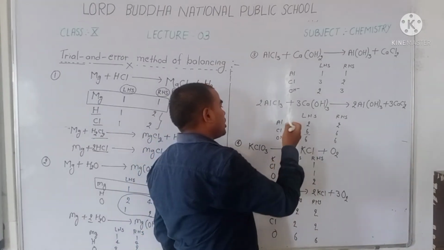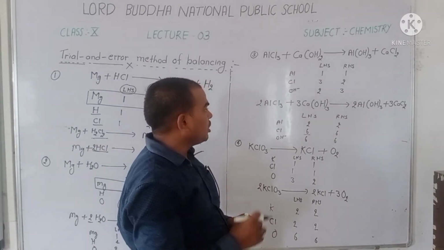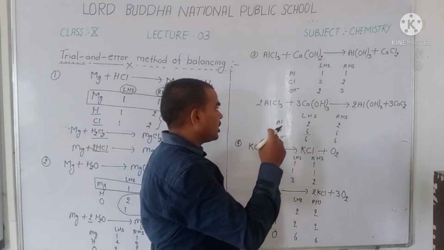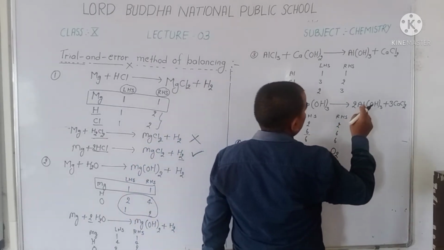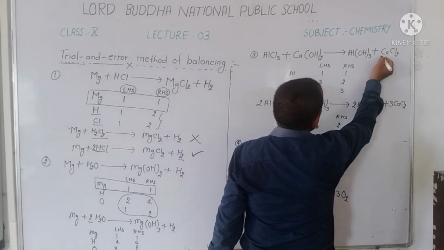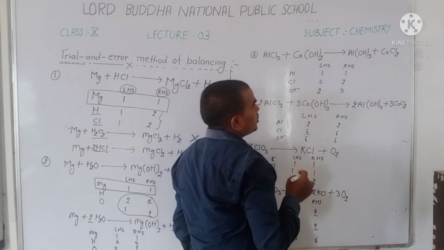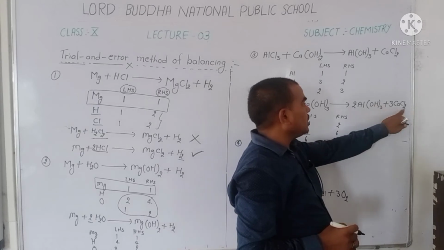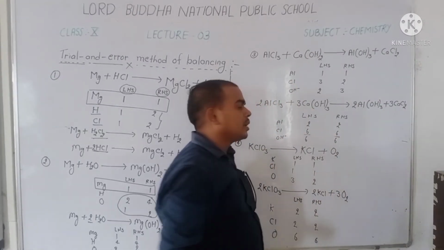That means the number of chlorine atoms on the left side is 6. For balancing the right side, put 3 before the calcium chloride. That means 2 times 3 is 6, so there are 6 chlorine on the right side.